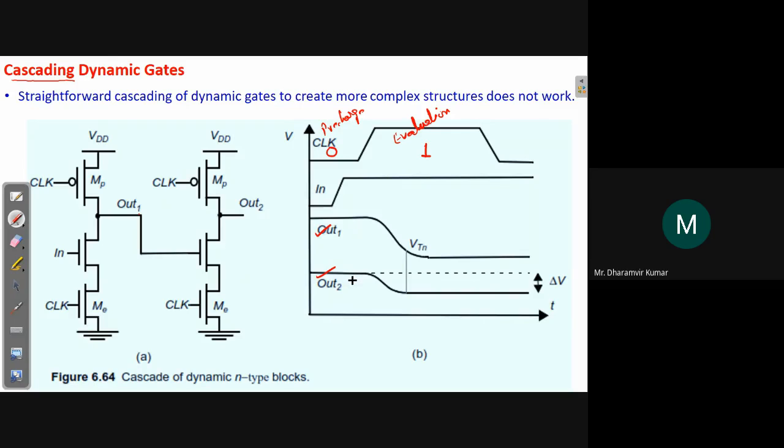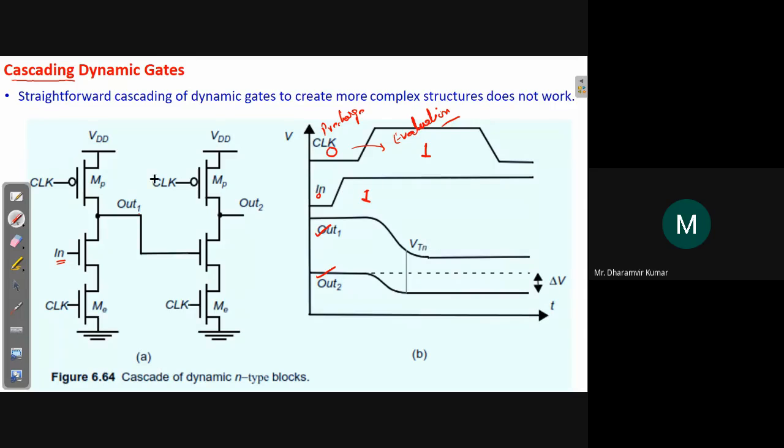Now when the clock enters evaluation mode, when the clock changes from 0 to 1, let's say that in evaluation mode, the input signal, that is this one, goes to 1. Earlier it was 0, now it has changed to 1.